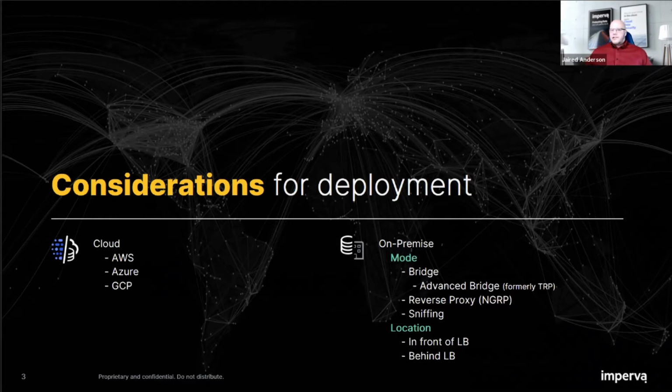And last but not least is sniffing mode. Sniffing mode is, as it sounds, if we're familiar with port sniffing, pretty much the same thing. The WAF gateway will essentially hang off of a sniffing port or a tap and just monitor a copy of the traffic, if you will. We do still have the ability to block traffic. It's called a blocking port.